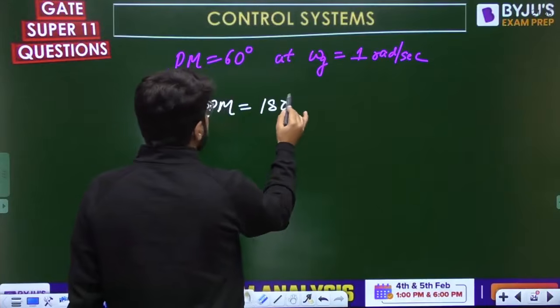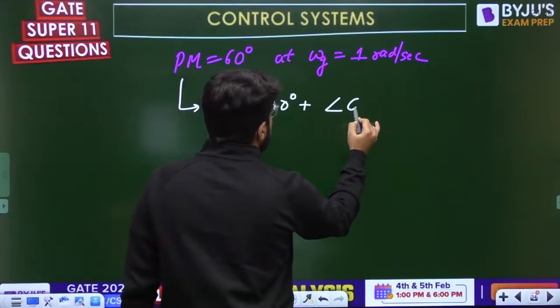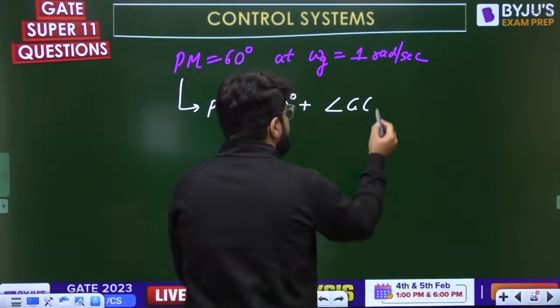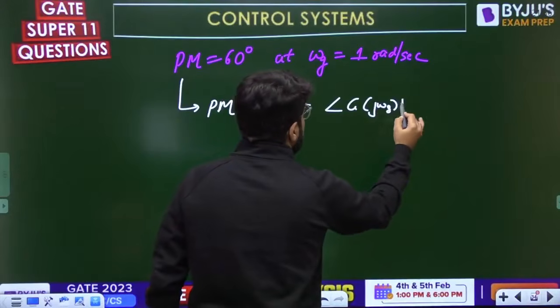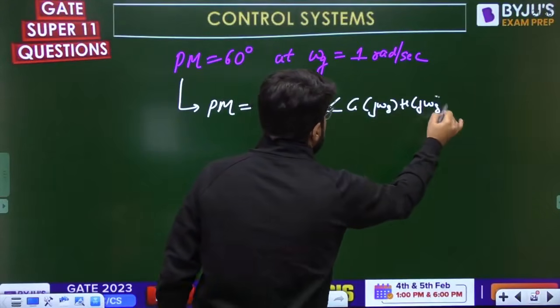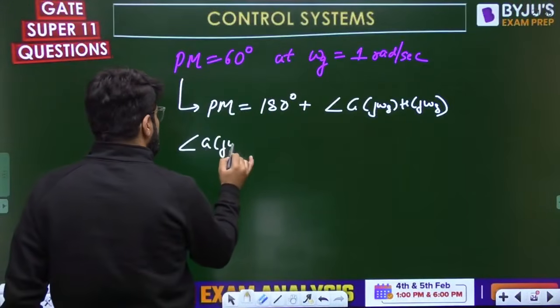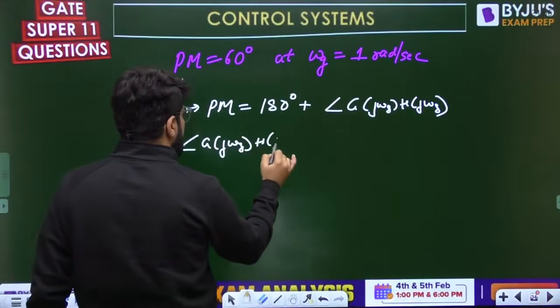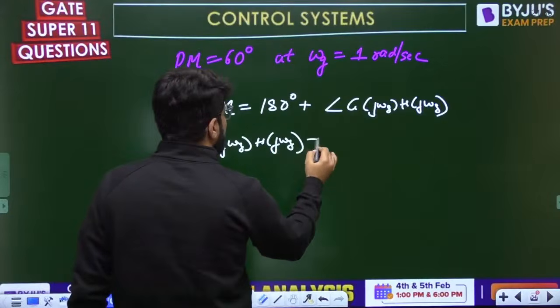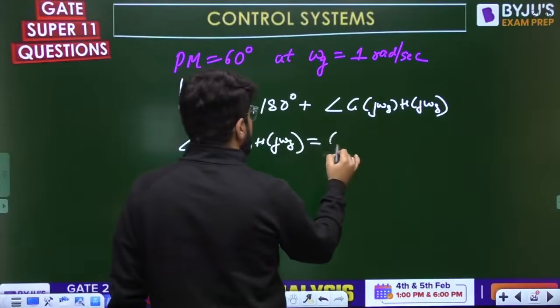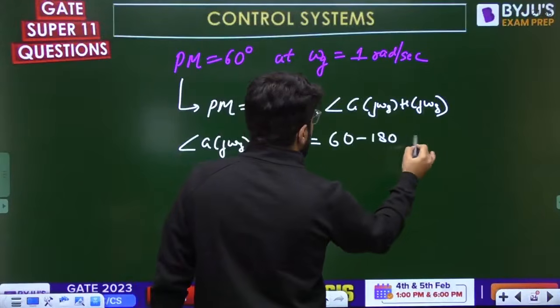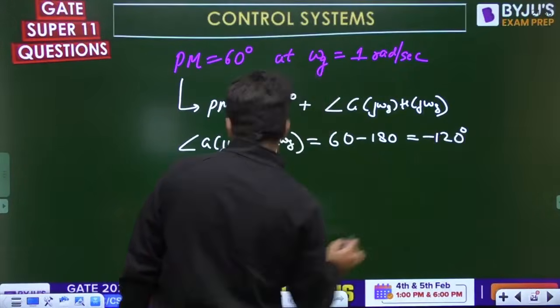The phase margin is given by 180 degree plus angle G(jω_g)H(jω_g). We put 60 here. So the angle G(jω_g)H(jω_g) will be 60 minus 180, that is minus 120 degree.